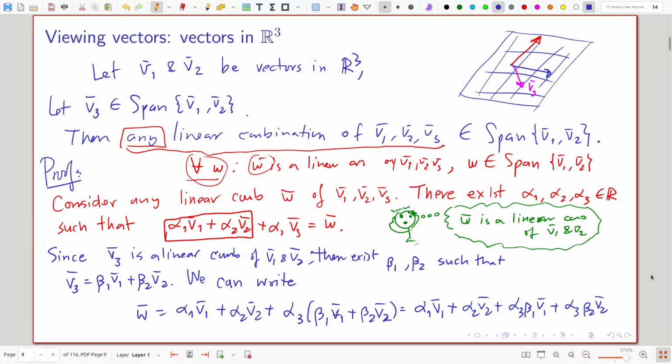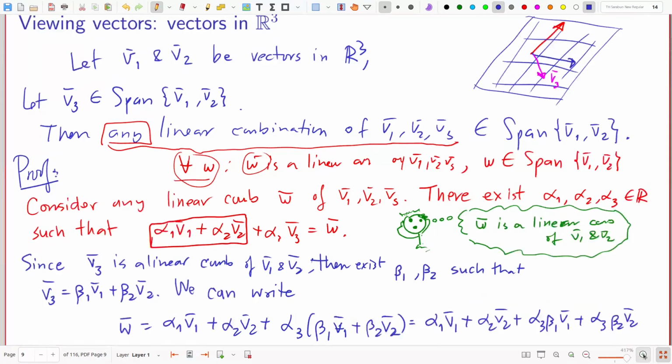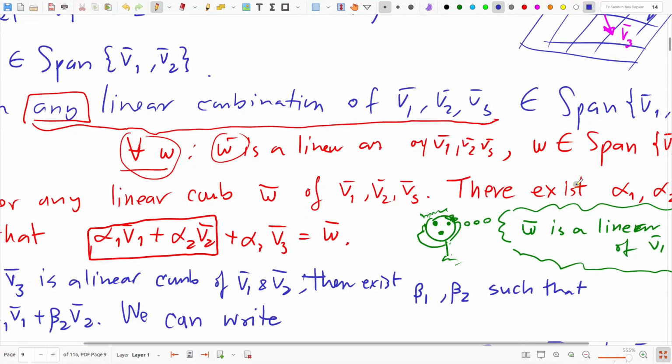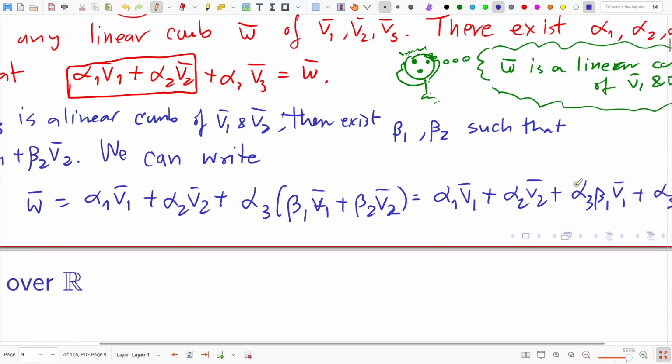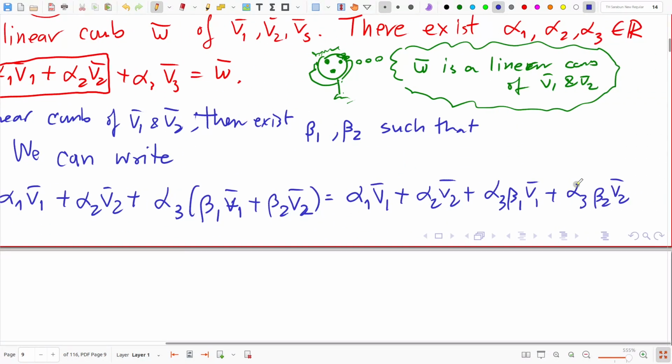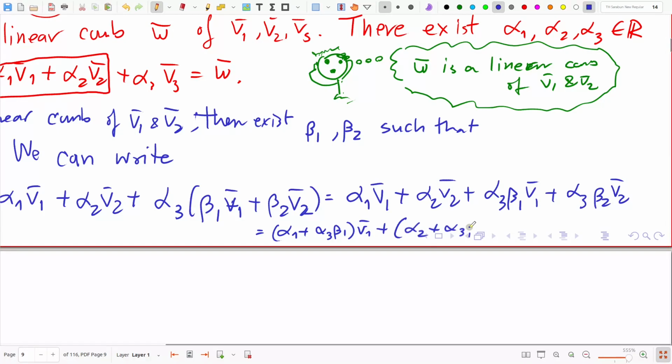So last step. Let me zoom in a little bit. This is equal to alpha 1 plus... oh no, sorry. Alpha 3 beta 1 V1 plus alpha 2 plus alpha 3 beta 2 V2.